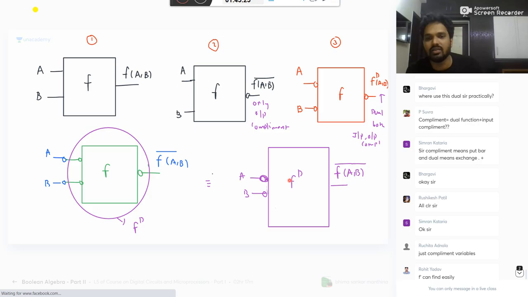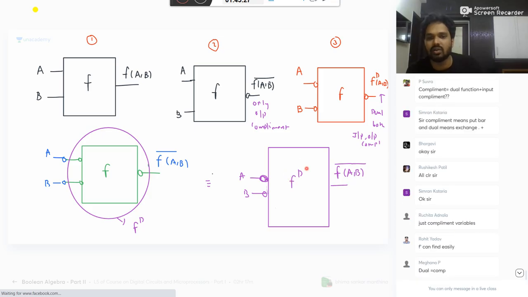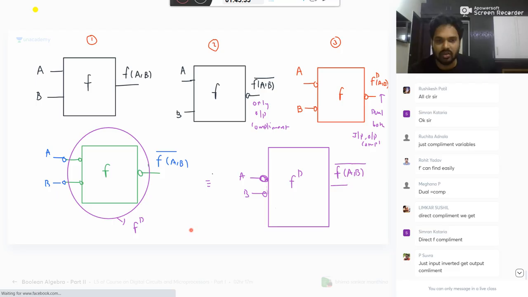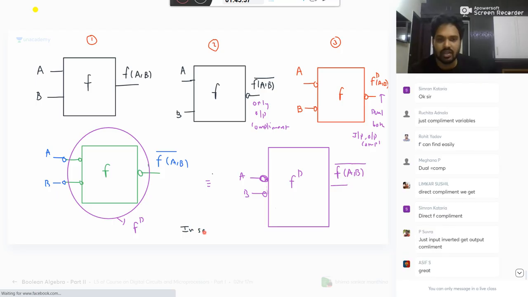You need not find this because self-dual is the same as the original. Directly output complement is the same as input complement. Okay, I am writing here that point. In self-dual, F D equal to F.